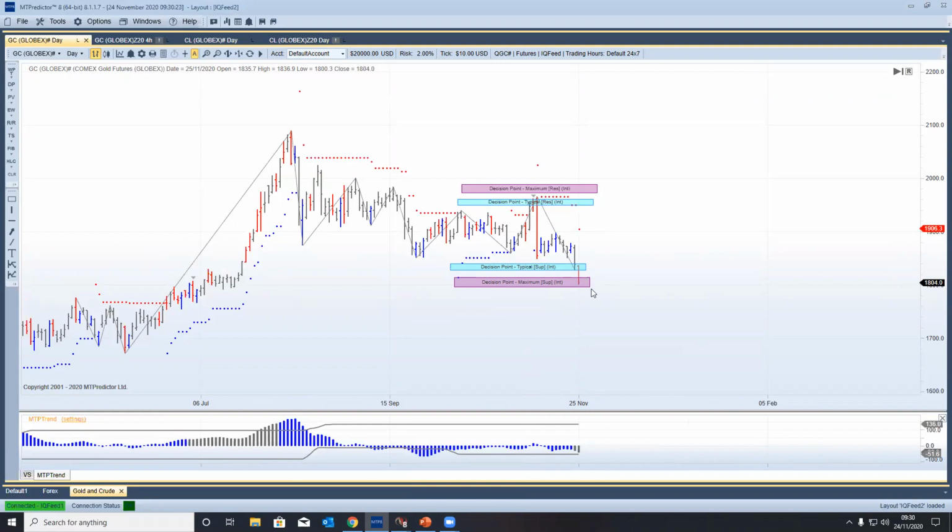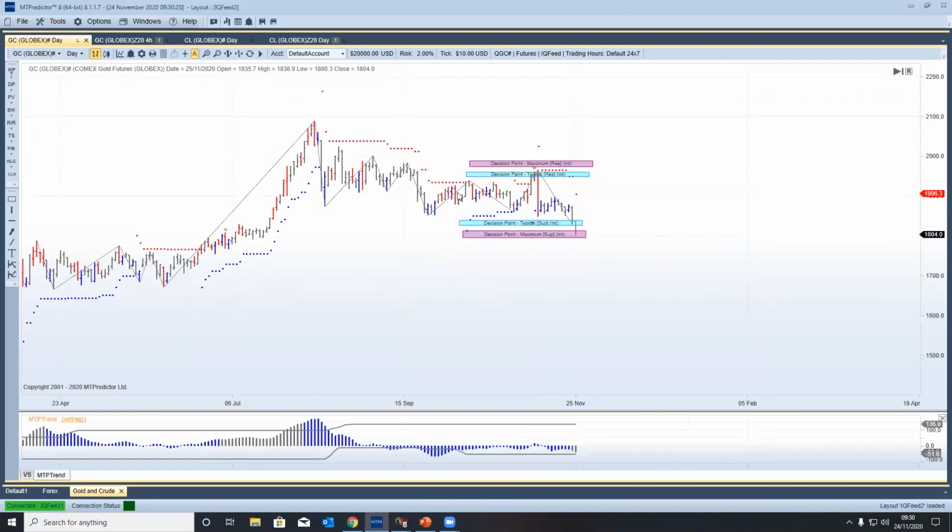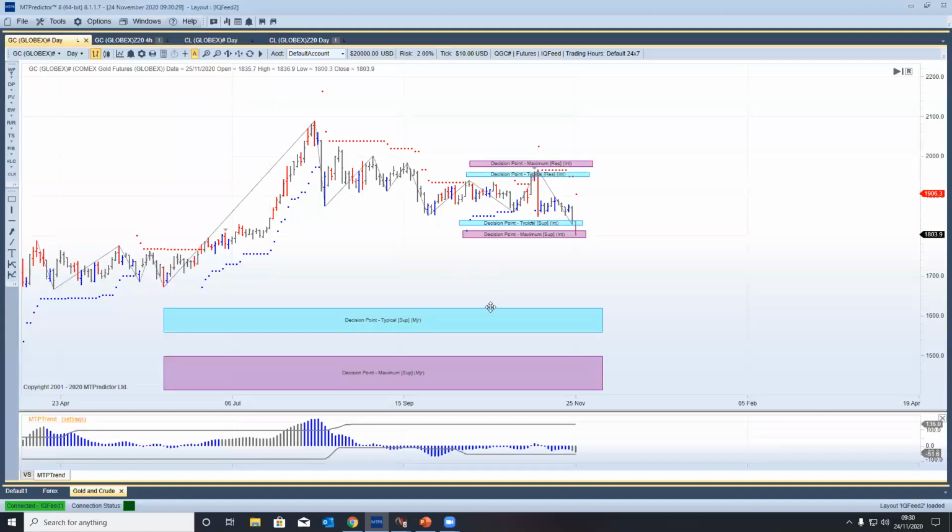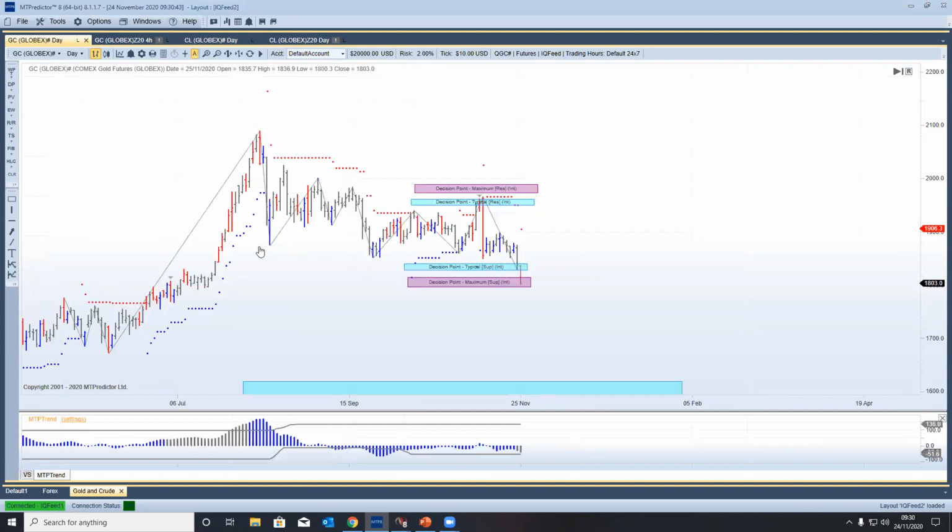So it should come in today or tomorrow. If not, then we could get a continued decline down to anywhere into these levels here. You know, the decline could carry on sharply down. So an interesting situation on gold now at a potential important support zone.